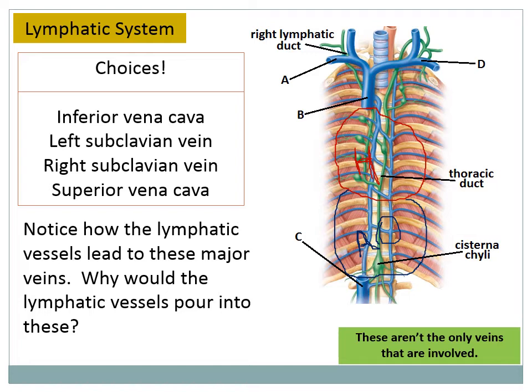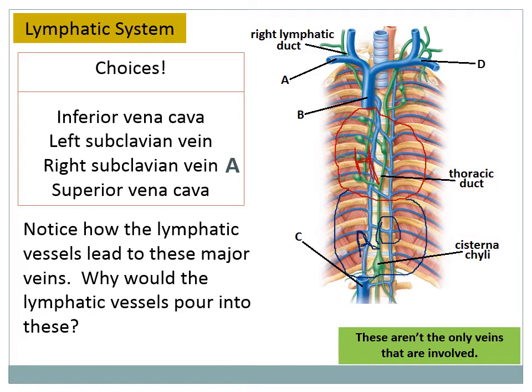So looking at A and recalling from last unit, what is A? Yeah, A is our right subclavian vein, right? The vein that runs right underneath our clavicle on the right side. So that's A. What is B? You can see that it's connected to the top portion of your heart.